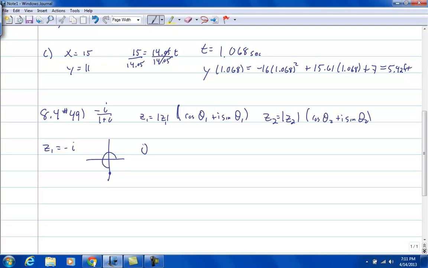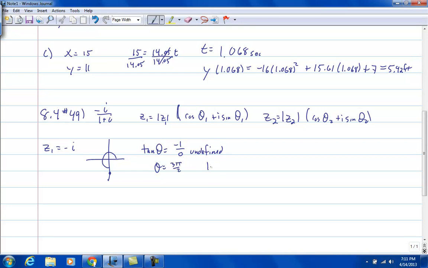So our theta, I mean, we can go through and do this, tangent theta is going to be negative 1 over 0, but that's undefined. We can use our experience and our logic to know, okay, well, theta is 3 pi over 2.